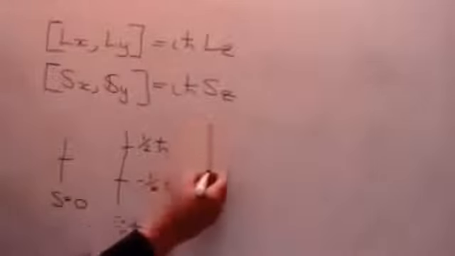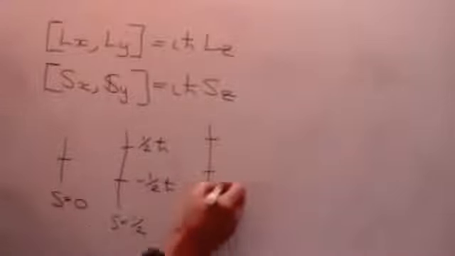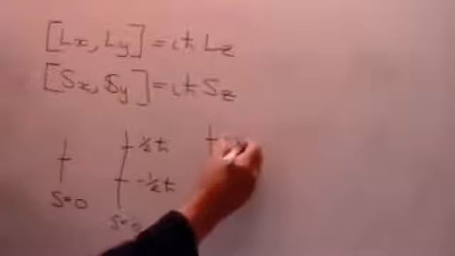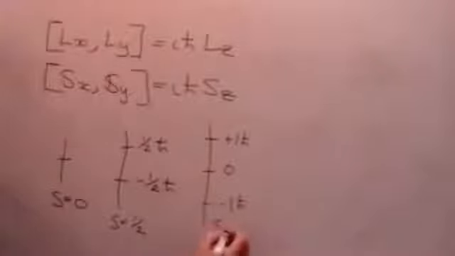But bosons, like for example photons, they have 3 states: plus 1 h bar, 0, and minus 1 h bar. And that's called the spin 1 state. And you'll notice that once again, the states are h bar apart. And then I'll just show you another state, which is the S equals 3/2 state.